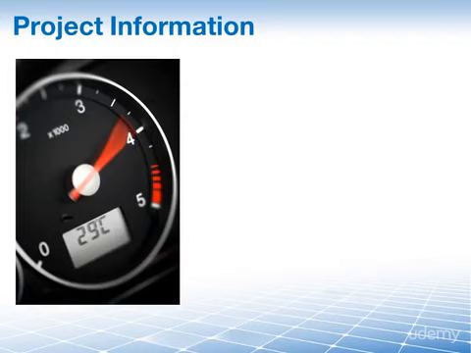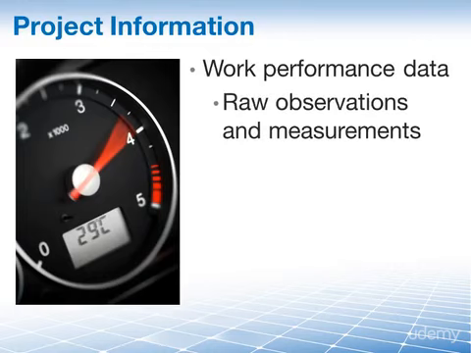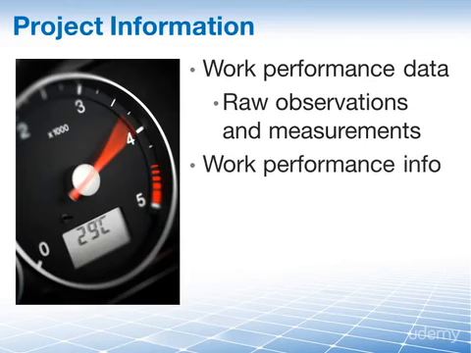During the life cycle of a project, a large amount of information is created, analyzed, and distributed to team members and stakeholders. The appropriate terminology for the various information collected and distributed is, first of all, work performance data. These are the raw observations and measurements identified during activities that are being performed to carry out the project. Then we have work performance information.